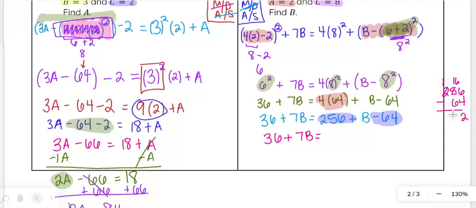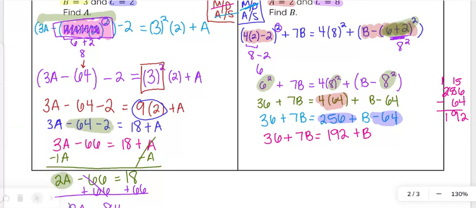So 15 minus 6, and then borrow the 1 there. 15 minus 6 would give us a 9, and then 1 minus 0 is 1. So you can do it that way, or 25 minus 6 is 19, however you want to look at that. You can also do the mental math if you can count up from 64, or subtract 256 minus 64 with some mental math tricks as well. So we get 192, and we still have plus b.